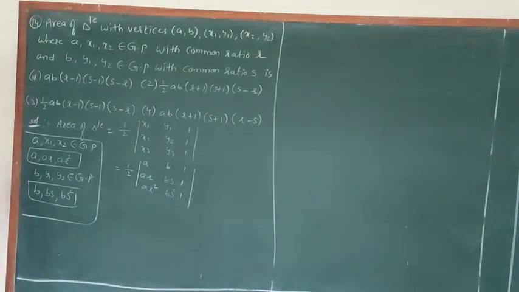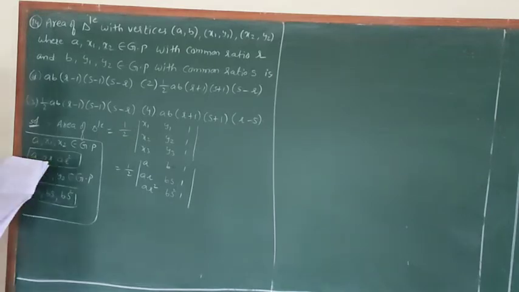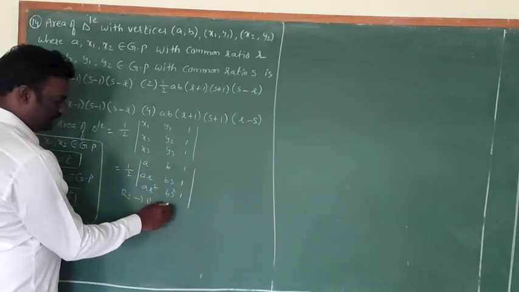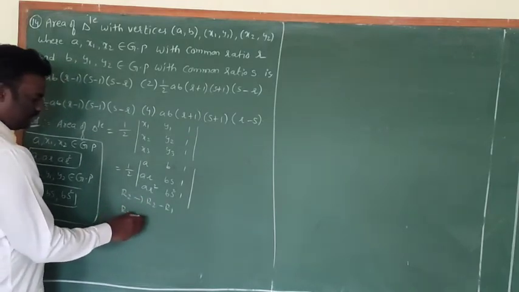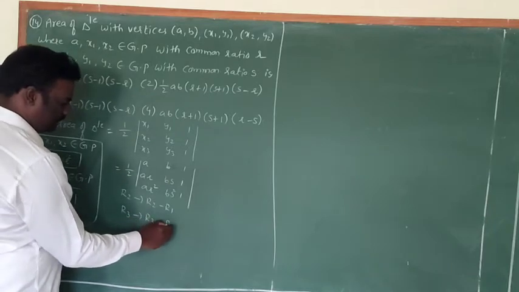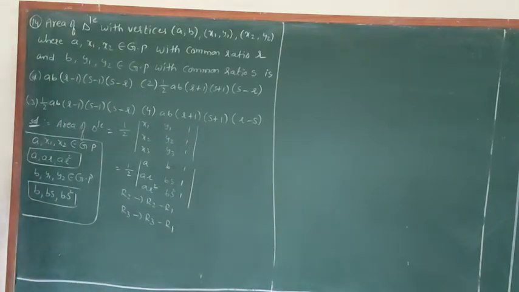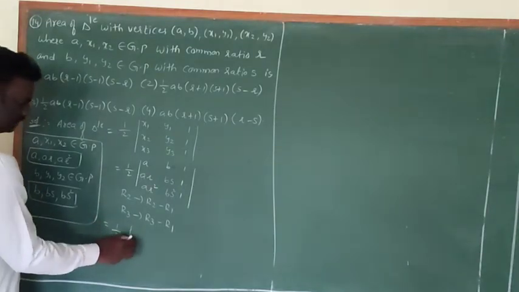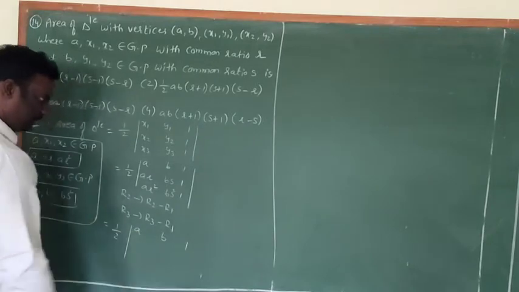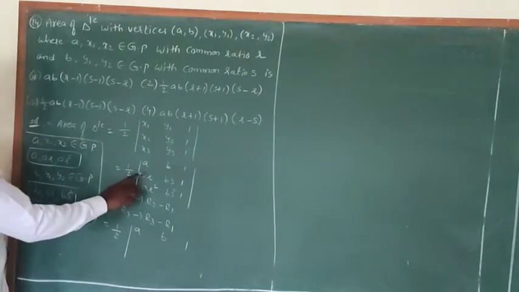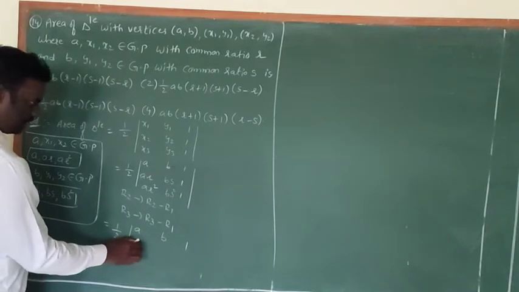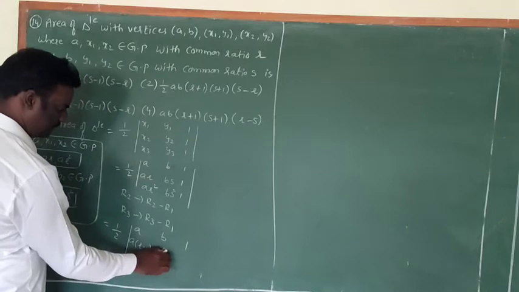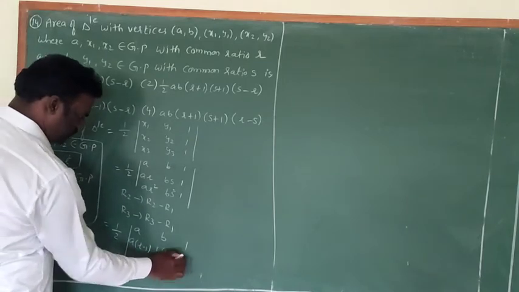Now what I will do is the simplification. R2 tends to R2 minus R1, R3 tends to R3 minus R1. Okay, now half A B 1. If you multiply A common R minus 1, B common S minus 1, 0.